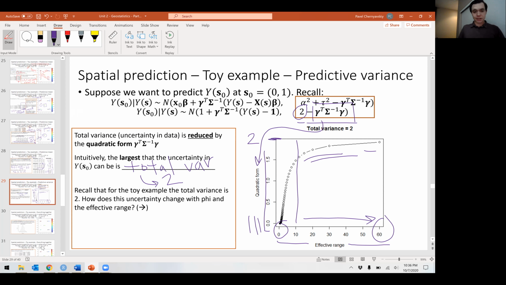How does this uncertainty change? Well, a lot at first, and then almost not at all after about an effective range of 10. What I've noticed in my experience, if data are either all really, really correlated and you get this crazy large effective range, or data are uncorrelated, the biggest impact that the spatial model has is if you fall somewhere in the middle.